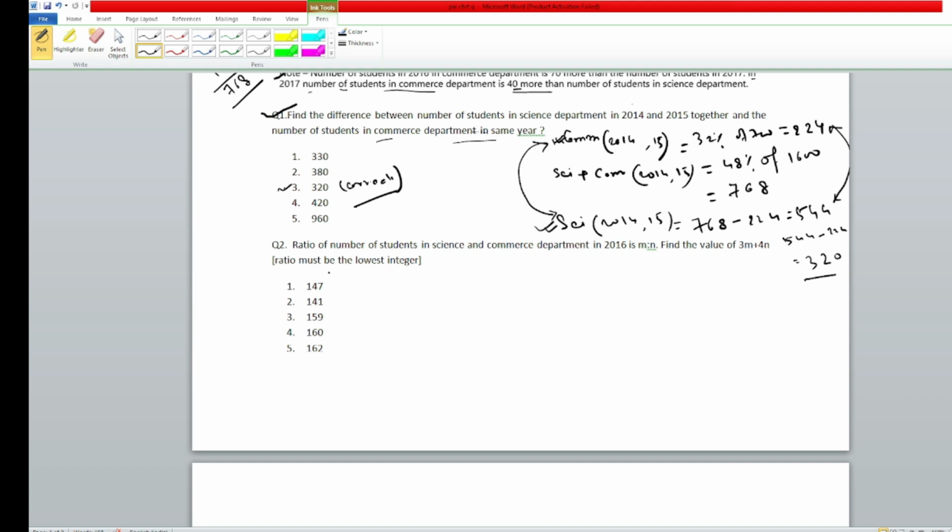Okay, let's jump into the second question, question number 2. The ratio of the number of students in science and commerce departments in 2016 is m:n.